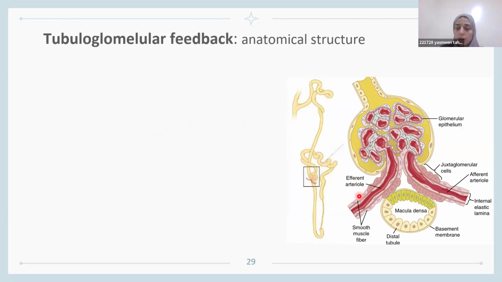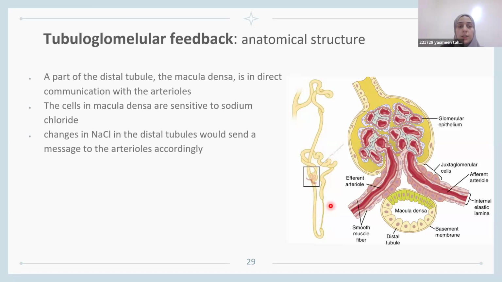So one part of the distal tube called the macula densa is in direct contact here with the afferent and efferent arteriole. It's in the distal tube, but because of this structure of the tubules, it's in direct contact. And these cells in the macula densa are sensitive to sodium chloride. And sodium chloride to these cells in the macula densa represents how much filtrate we have.